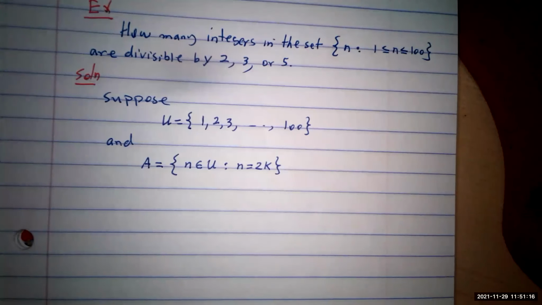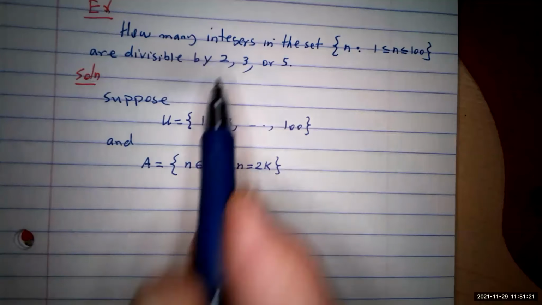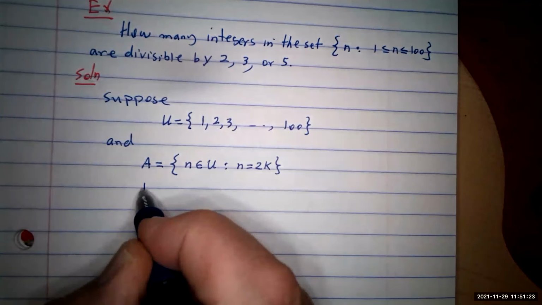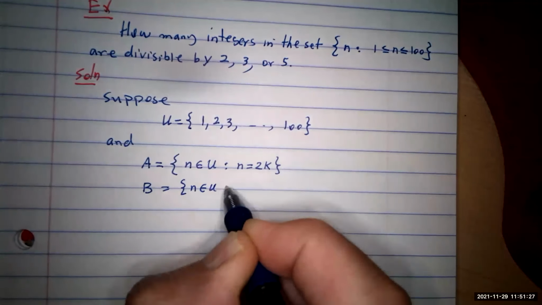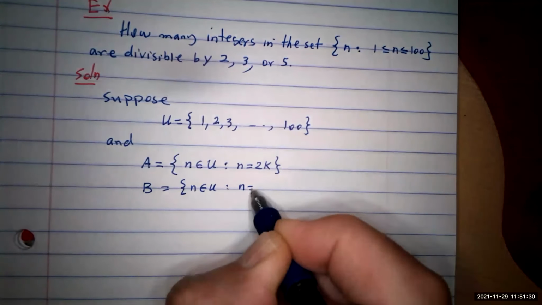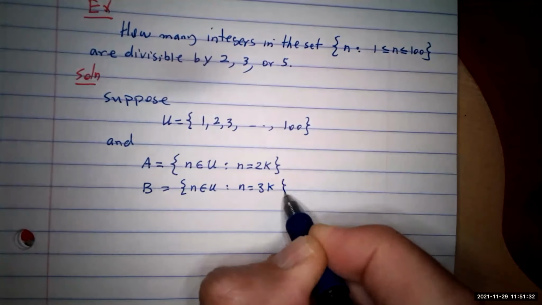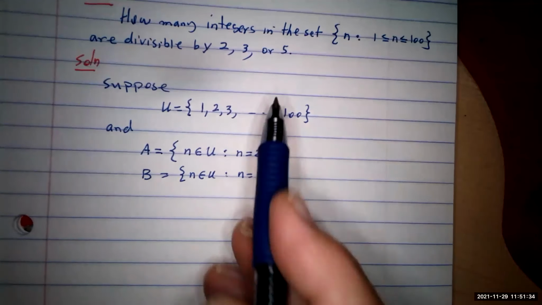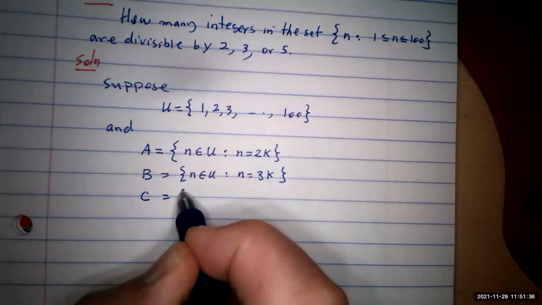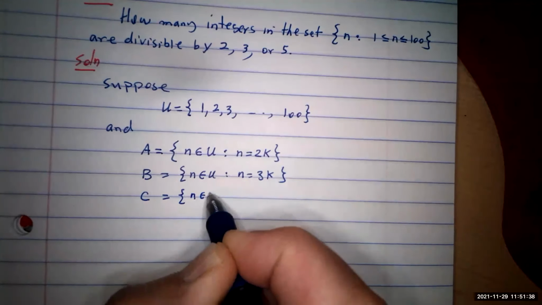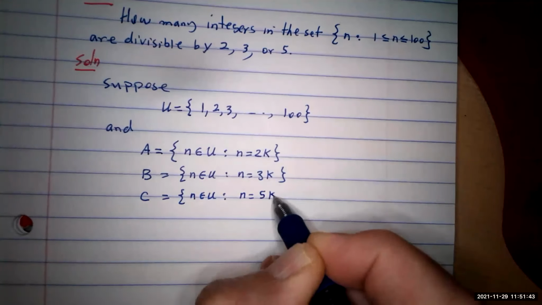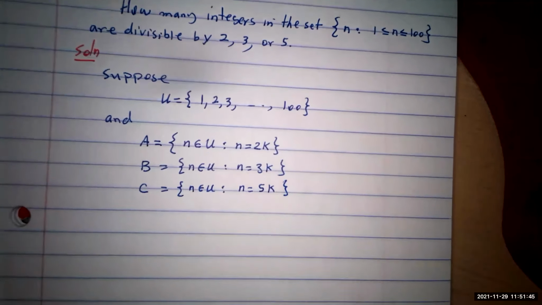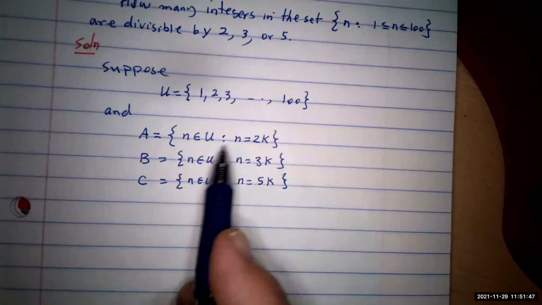You design it and use just mathematical symbols to talk about it. Divisible by 3, so we get B. B would be all the members in U divisible by 3, which is of the form 3k. Then C. C is going to be all the members in U divisible by 5, for some k.